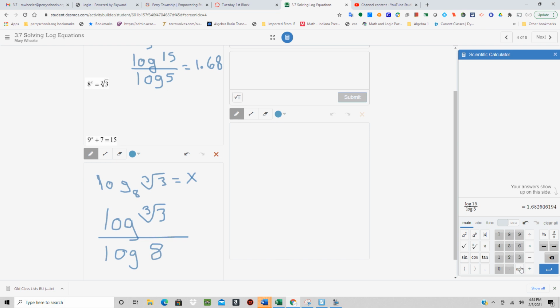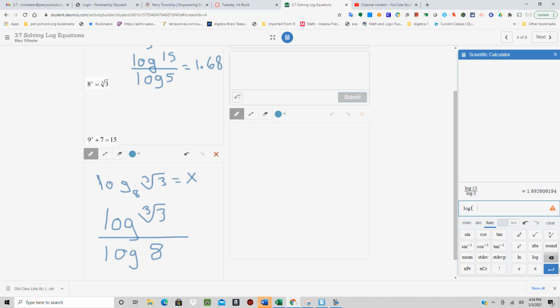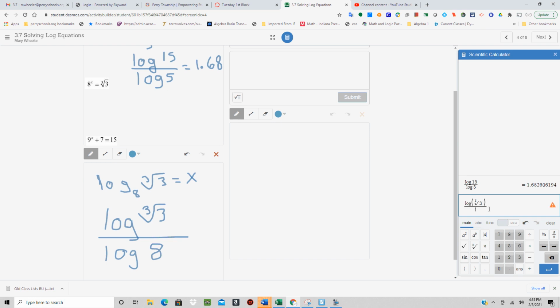So that's going to be log, and the cube root is right here, and divide that by the log of 8. I get 0.176. So let's just round it to 2 decimals, 0.18.